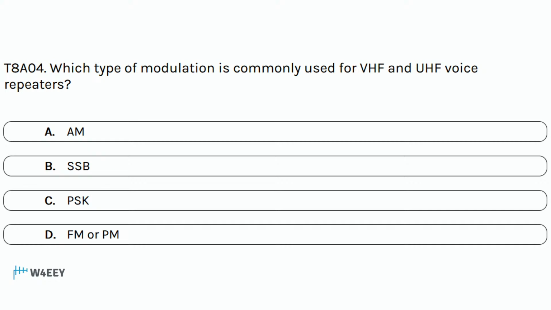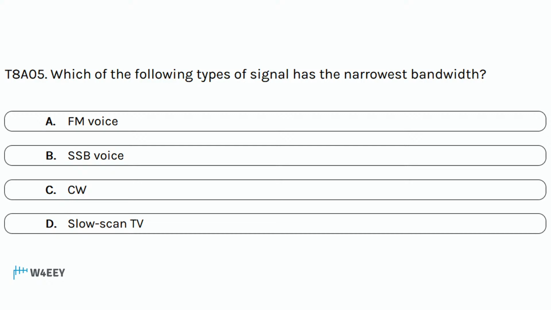So which type of modulation is commonly used for VHF and UHF voice repeaters? Using the little radios. Delta. D. Yeah, it's going to be FM or phase modulation, generally FM. So which of the following types of signal has the narrowest bandwidth? Charlie.